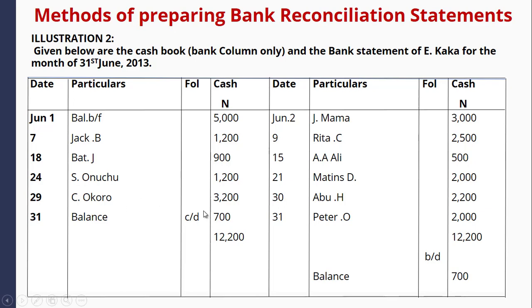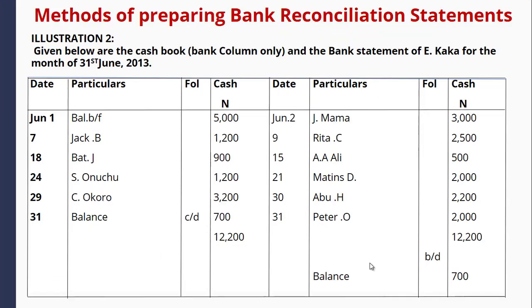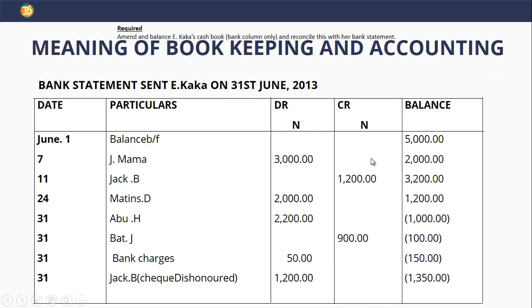Now let's move on to the next. We have C Okoro 32. We don't have C Okoro on the credit side, so C Okoro can be seen to be on unpresented checks. Now we have the balance. So all we need to do, we go back to our bank statements. We only have two items here, and they are on the debit side of the cash book. If you have any item on the credit side of the bank statement, not on the debit side of the cash book, those items might be dividend or credit transfer.